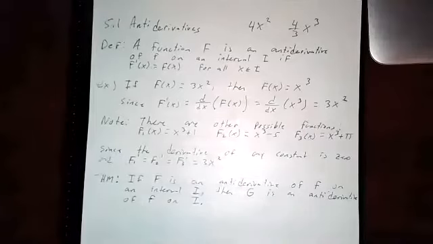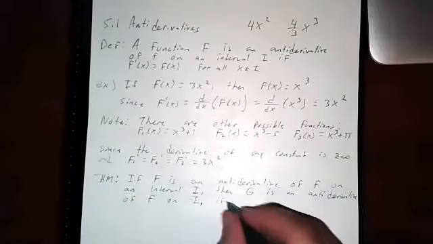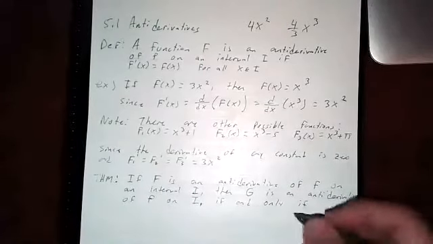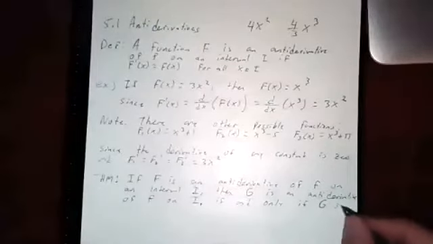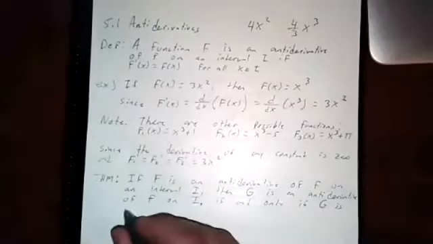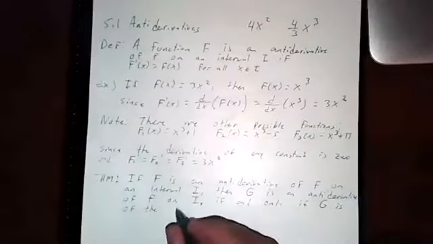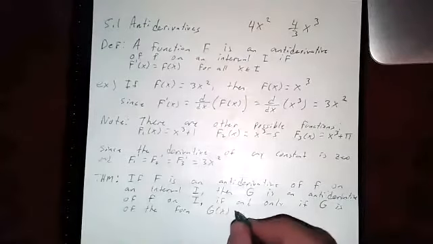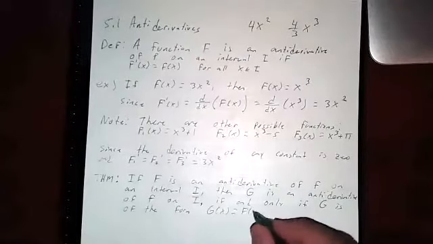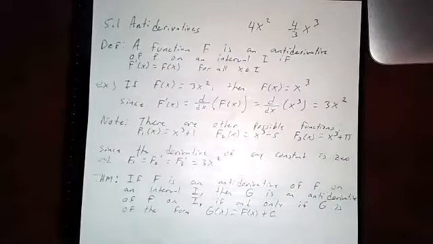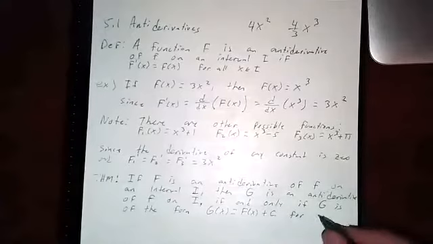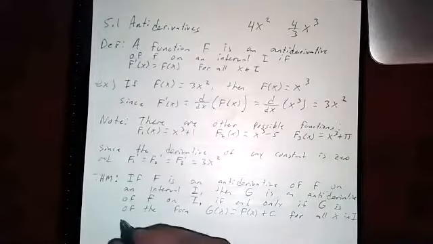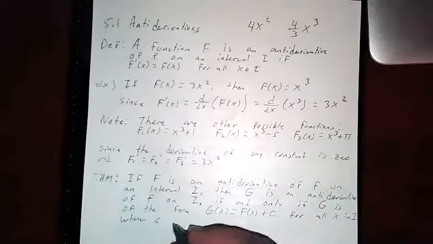But it's only true if and only if G, capital G, is of the form G of x equal to capital F plus some constant C for all x in I, where C is a constant.